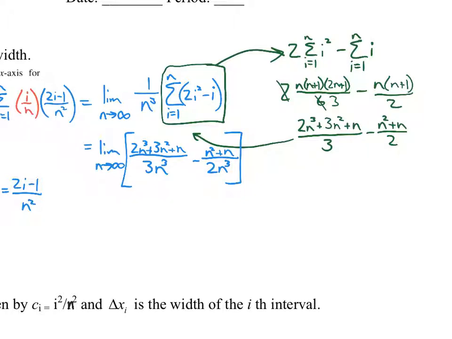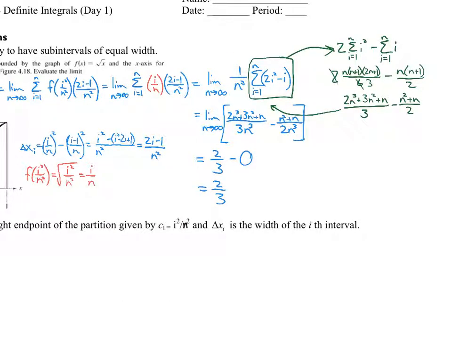So, what's the limit of this first portion? 2/3. What's the limit of the second part? 0. Yeah, it's 0, because it's bigger on the bottom. The degree is bigger on the bottom. So this whole thing just equals 2/3.